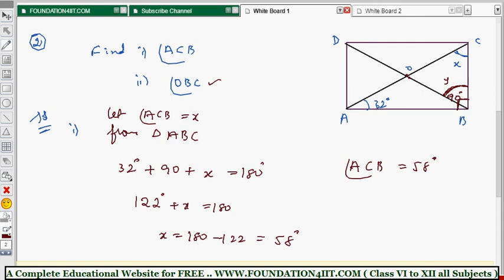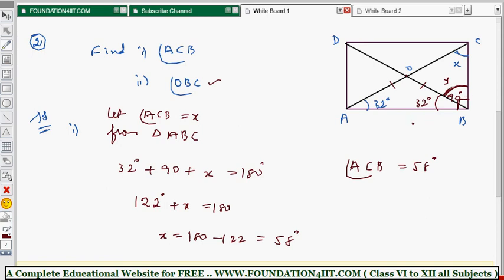We know that OA is equal to OB. These two sides are the same. Whenever two sides are equal in a triangle, it is an isosceles triangle, and then the opposite angles are also equal. From triangle AOB, OA is equal to OB. Then if this angle is 32, this angle should also be 32. Then the total angle is 90.